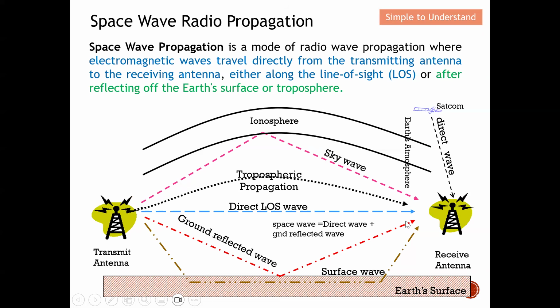So, if we receive the direct line of sight and also the ground reflected wave, although the ground reflected wave may cause some issue at the receiving antenna because there will be some phase difference, this is still classified under space wave propagation. Or if we have just the direct line of sight, we also consider it as space wave propagation. This brings up another question.